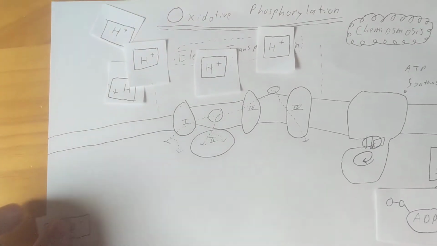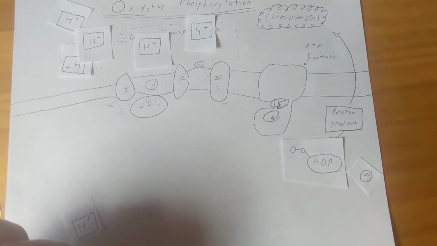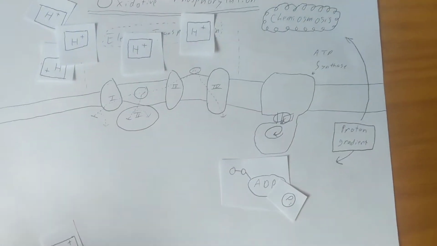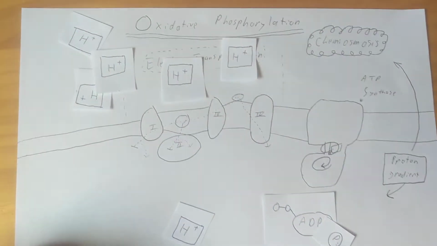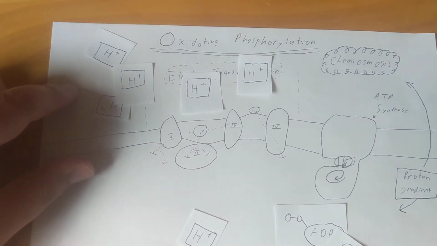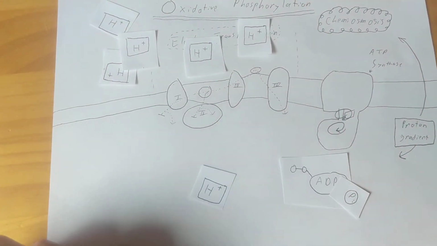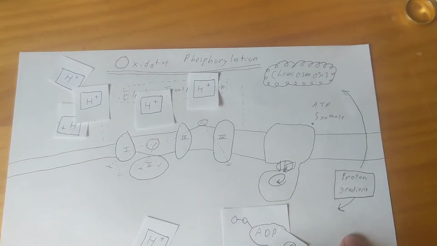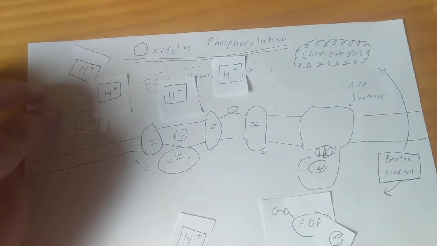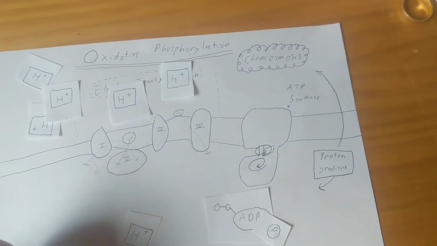Now, I want you to notice the proton gradient that now exists. We have a lot of protons on this side of the inner mitochondrial membrane, but very few on this side. This creates a proton gradient where the protons want to move from where they are more concentrated to where they are less concentrated.